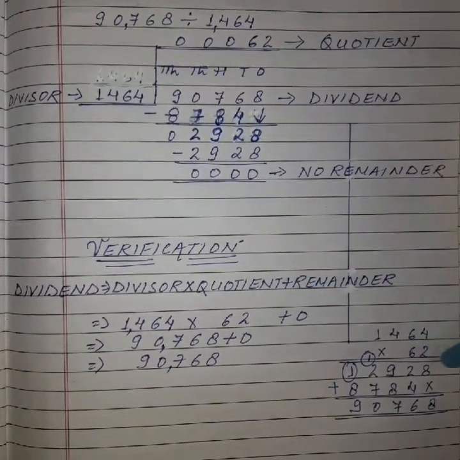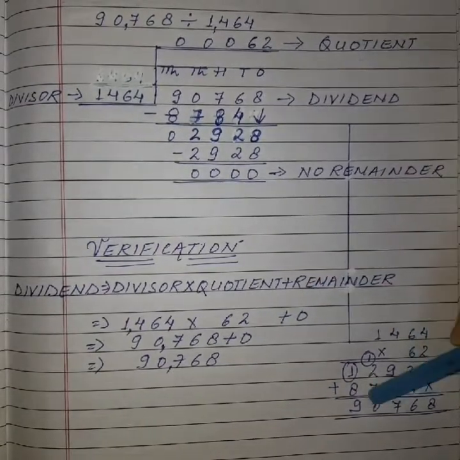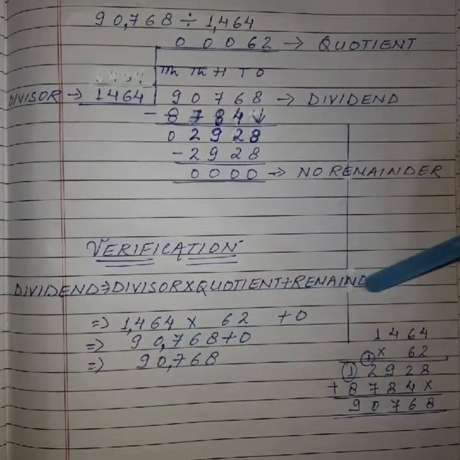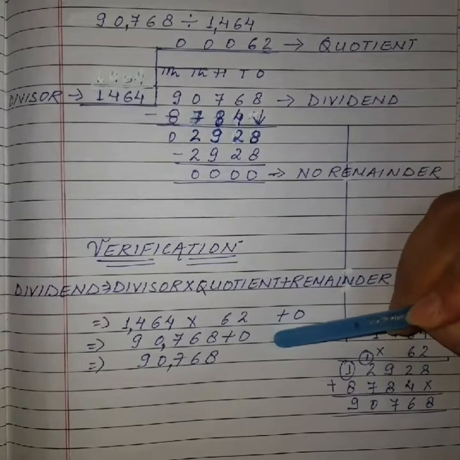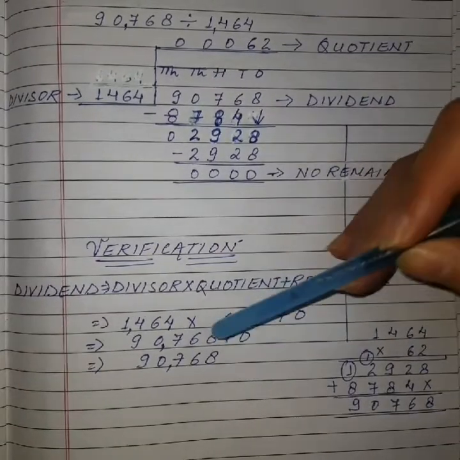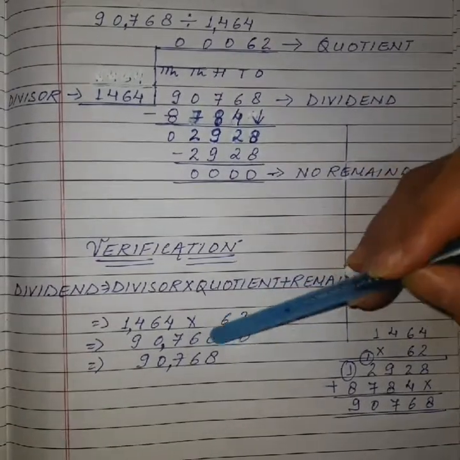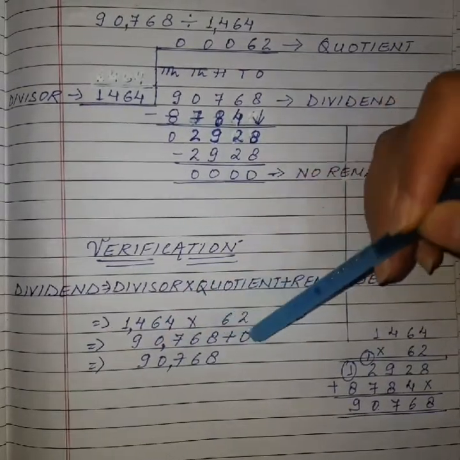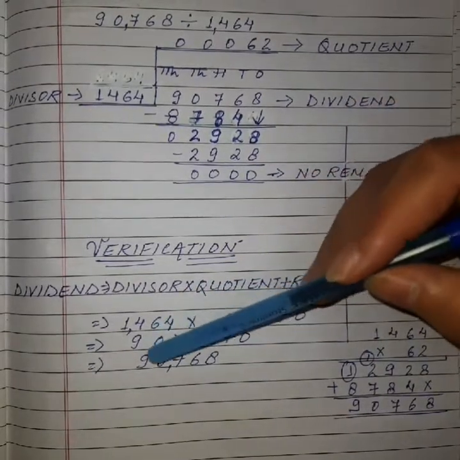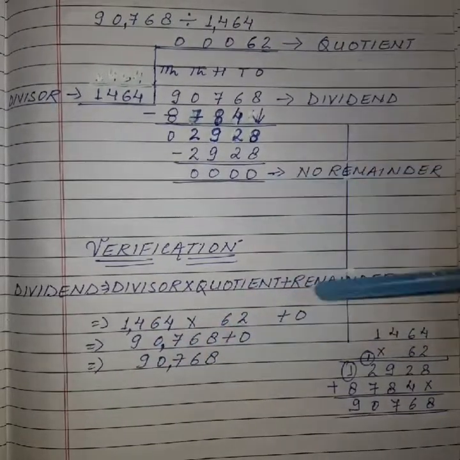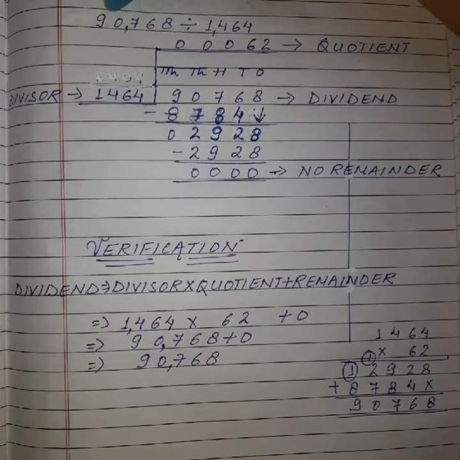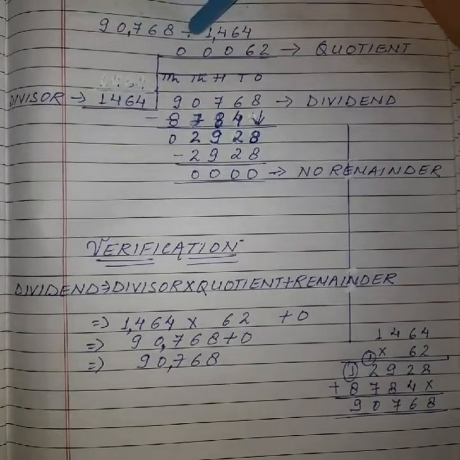When we multiply 62 by 1464, we get 90768. 90768, remainder 0. As you all know, when we add 0 to any number, we get the number itself. 90768 plus 0, we'll get 90768. That means our answer is correct because our dividend was 90768.